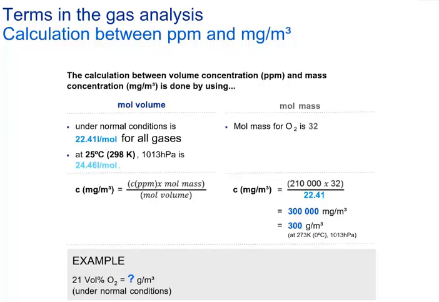Now you can easily calculate 21 volume percent O2 into grams per cubic meter at 25 degrees C, 1013 hectopascal.